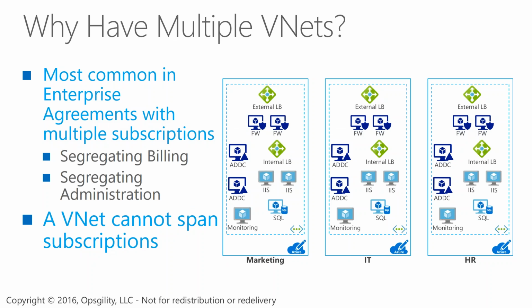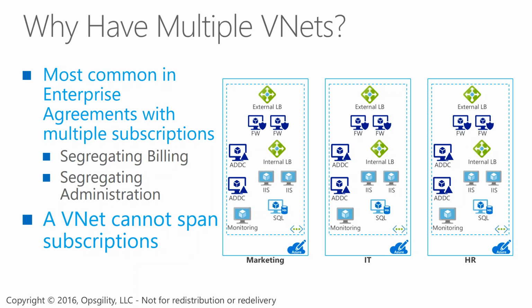Okay, so again, I mentioned having multiple subscriptions, multiple virtual networks. Why would an organization be in that situation in the first place? Well, if you notice in the diagram here, I have a marketing, an IT, and an HR department. In this case, we have subscriptions provided for each of these. This is a very common thing in the enterprise.